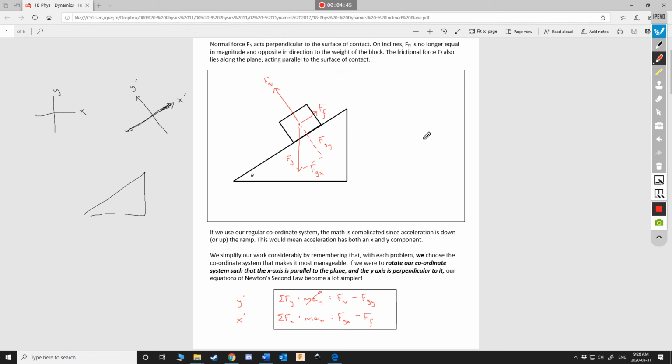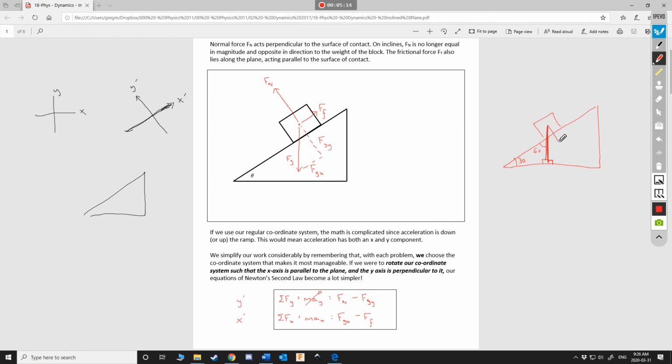One more thing before I finish this video is we need to find out how to solve for Fgy and Fgx. So when I look at this triangle, let's just draw it again over here. Here's the triangle, here's my block, and I have that vector down there. If this is some angle, say 30 degrees, this Fg is perpendicular to the horizontal axis. So if this is 30, this must be 60.